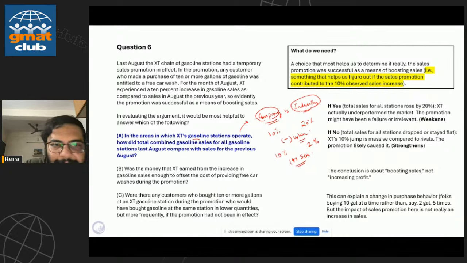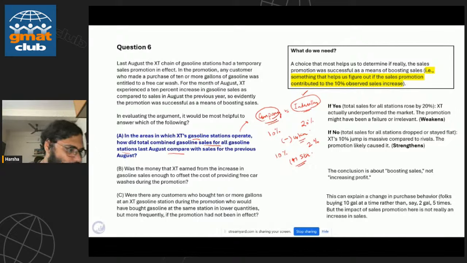It's worded in a very weird way. When you say total combined gasoline sales for all gasoline stations, it's essentially the industry, right? It's all the players in the gasoline station industry combined. So the whole industry grew by 20%. You were able to grow only by 10%. That should weaken, right? So this comparison with the industry actually is useful.